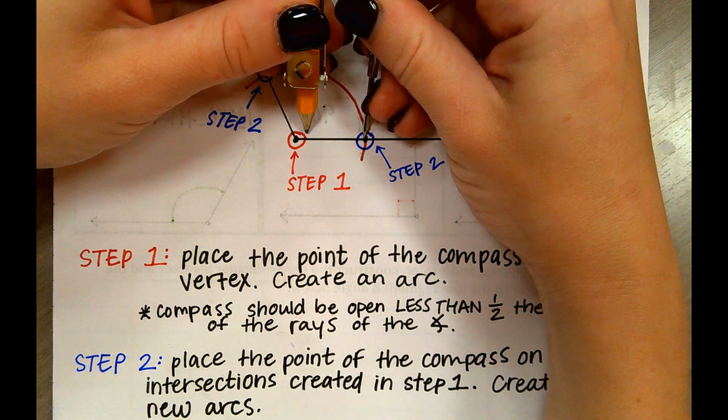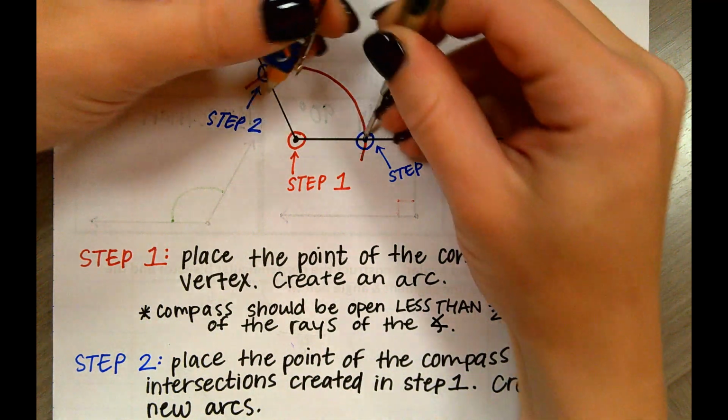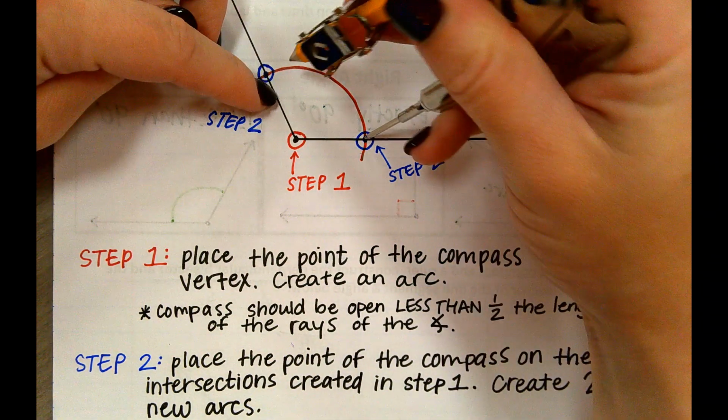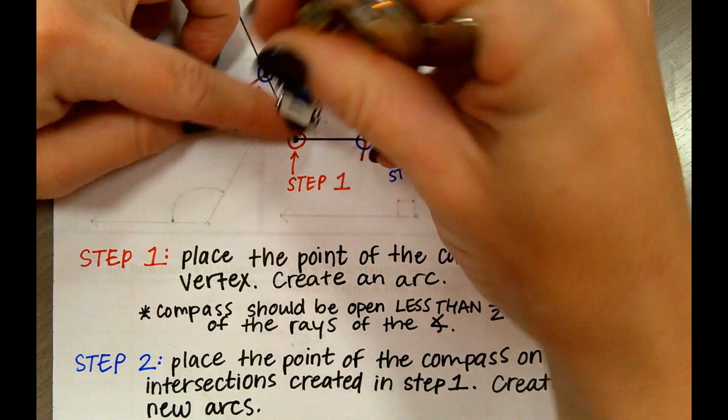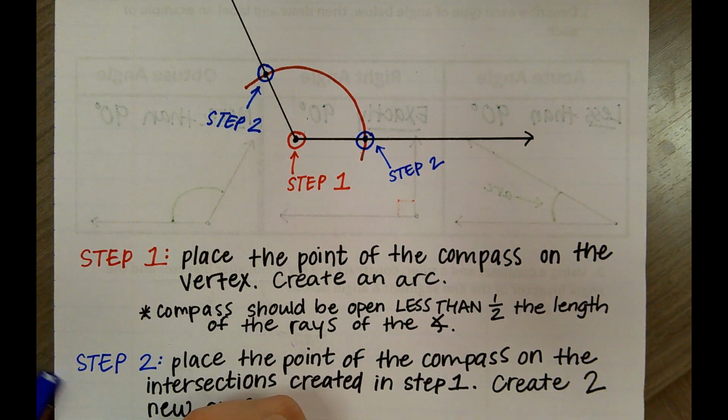Well, no, I think it needs to actually be at least the same size or bigger, because we want to make sure that it crosses through the middle. So I'm going to say compass should be at least the same size as step 1. It can be opened bigger. And I'll make a note of that.